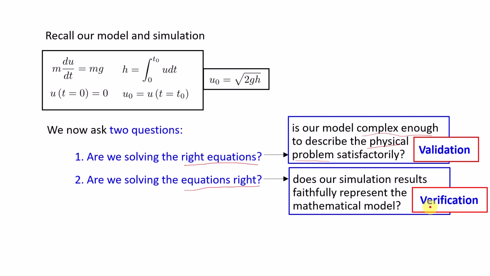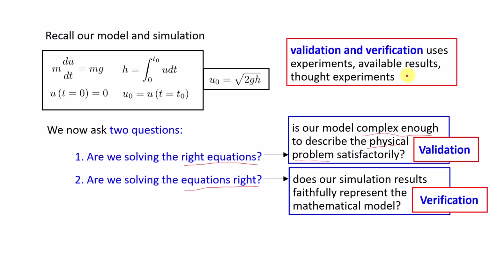So every numerical simulation is connected with these two questions, validation and verification. And answering these questions is never easy. There are, of course, many different methods to probe these questions. We'll not go very deep into it, but just to give you an idea, verification and validation use experiments.